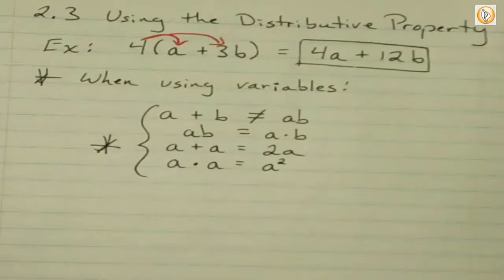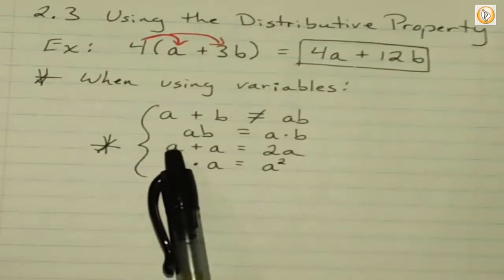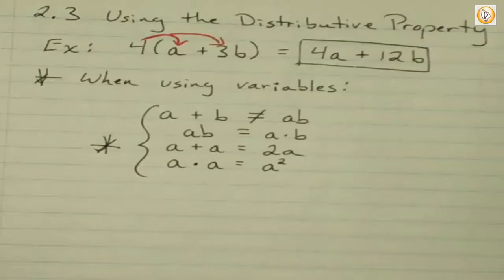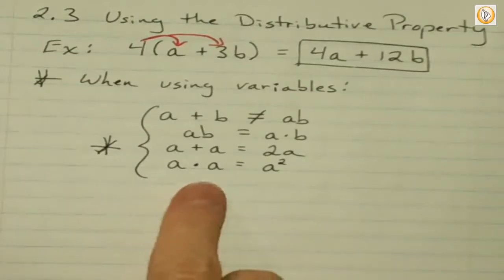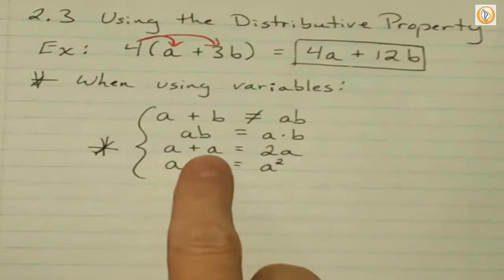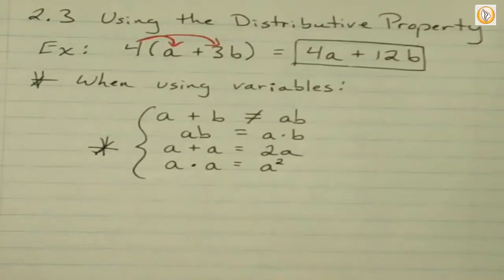Do you know how many times, seriously, kids will tell me that A plus A is A squared? It looks like it could be that, but it's not. A times A is A squared, but I still get A squared for A plus A. So that's why I always throw this in there.